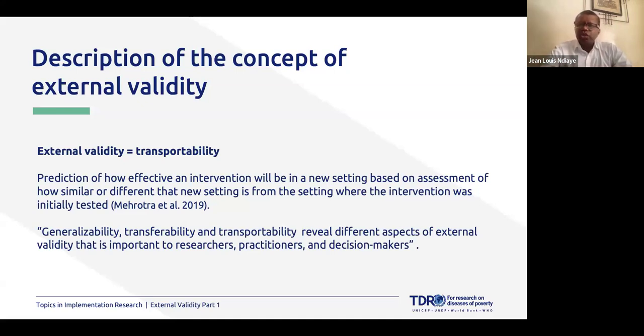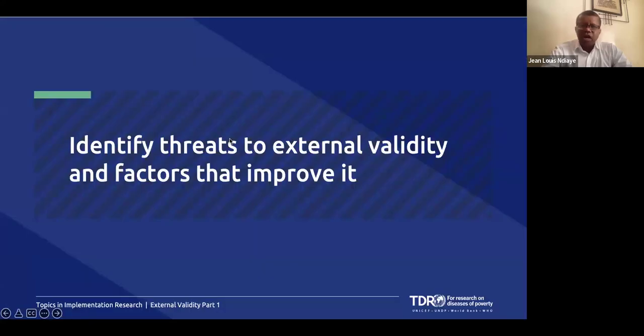So after describing the concept of external validity, let's look at the threats that could undermine external validity, but also the factors that could improve it.